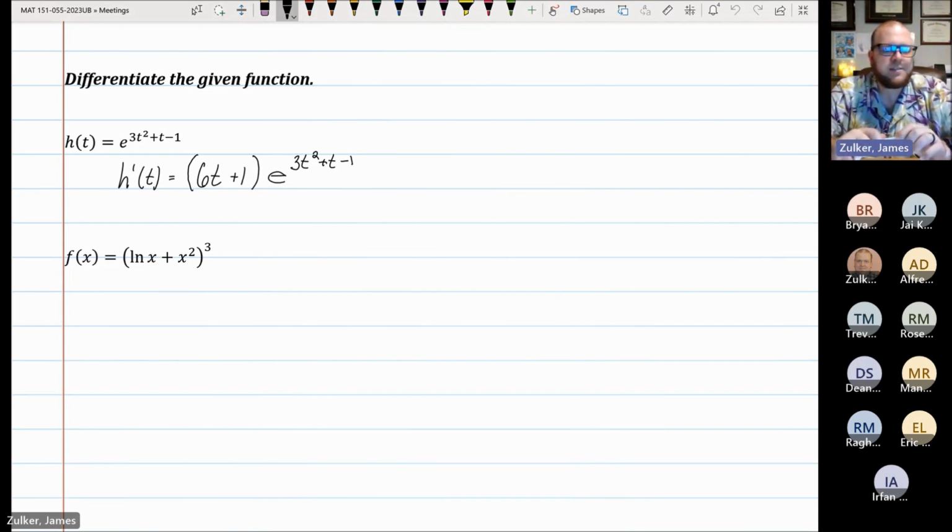The quantity of log x plus x squared raised to the third power.